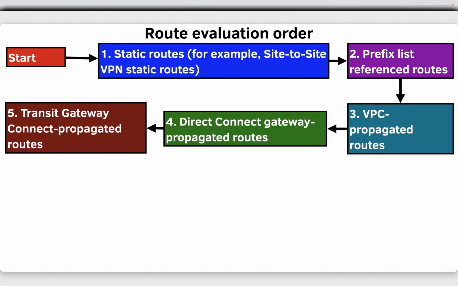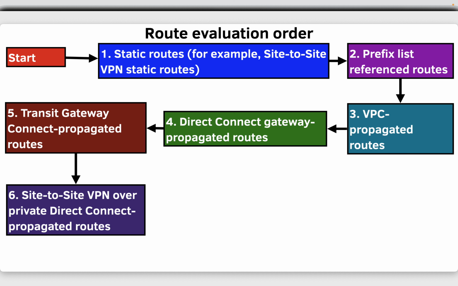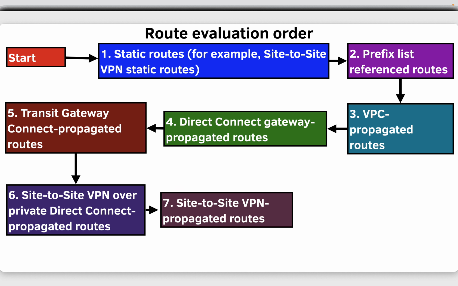Fifth priority goes to transit gateway connect propagated routes. Sixth priority is site-to-site VPN over private direct connect propagated routes. Seventh priority is site-to-site VPN propagated routes. So this is VPN propagated route, but it is dynamic. It's not static. The first one is static, which you have manually configured, because that is the highest priority.